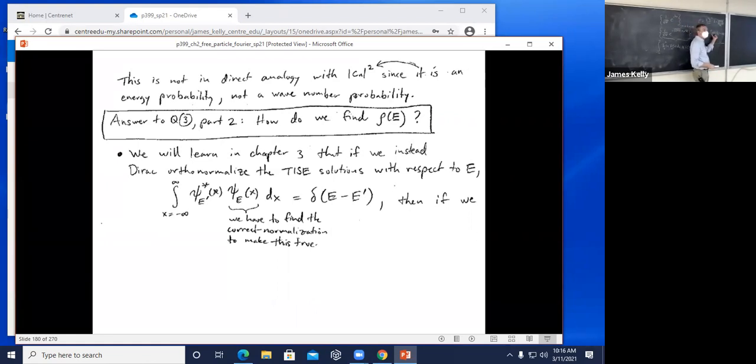But it's only going to directly help me solve for that if I've chosen this coefficient that's out in front of this function so that this is true. And that's not necessarily an easy thing to do. Okay, so let me just tell you the upshot of it.